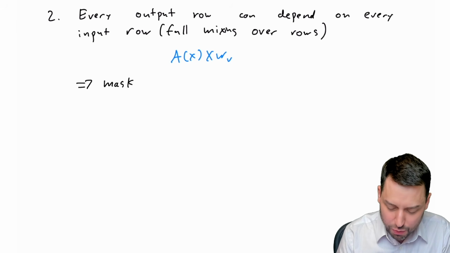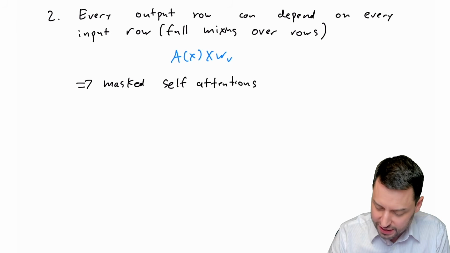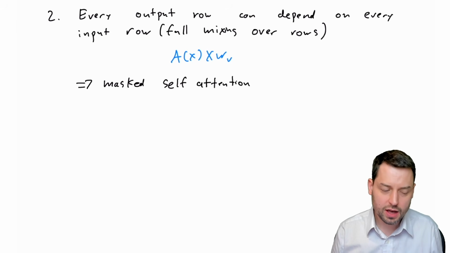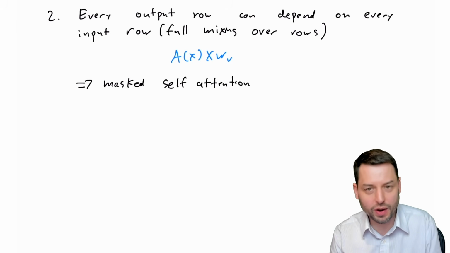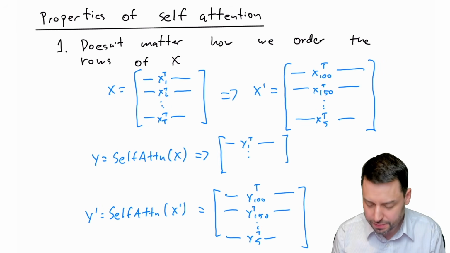So again, these will both be covered next time, but I just want to highlight these facts because these are both very foundational properties of self-attention: what's called invariance or equivariance, more precisely, to reordering of the terms.